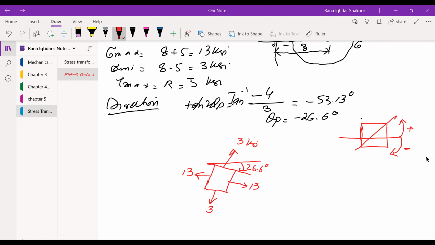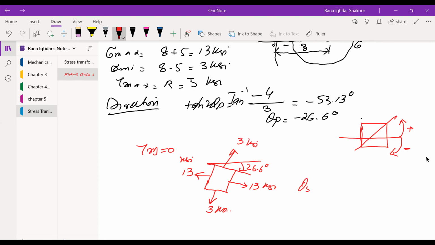All in ksi. So this will be your maximum stress value, and this will be your minimum stress value, sigma x and sigma y values, and there will be no shear stress. Tau xy will be 0, as at the principal normal stress we know that shear stress is always 0. Now what about the theta s?